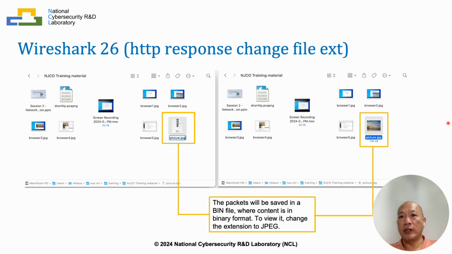So very, very convenient for Wireshark. Any data that can be found on the network can be exported. That is why I said previously that a packet capture file is security sensitive. It's a security risk.